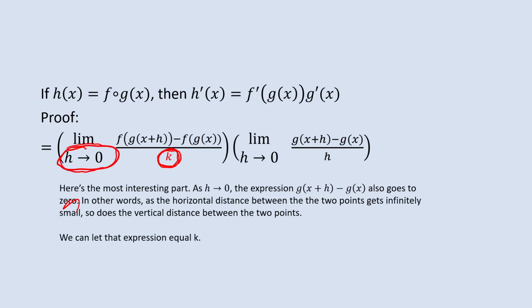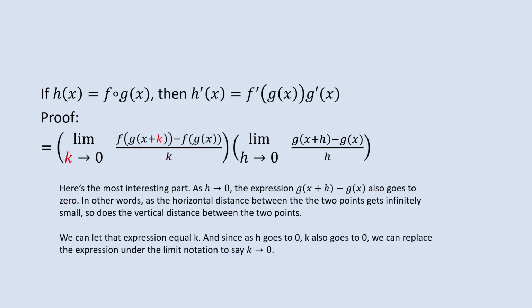So I can say k is going to 0, not just h is going to 0. And believe it or not, since h and k are both going to 0, I can switch that h I'm pointing at right now with a k. So we do that in the next line.